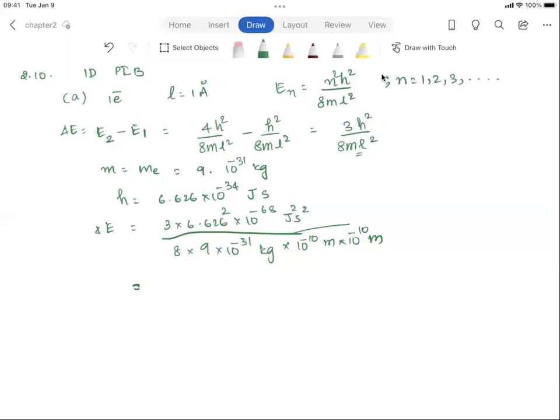That will give me 1.829 times 10 to the power negative 68 plus 31 from the denominator plus 20, from the two lengths in the denominator, times joule. The unit of energy is joule, right?